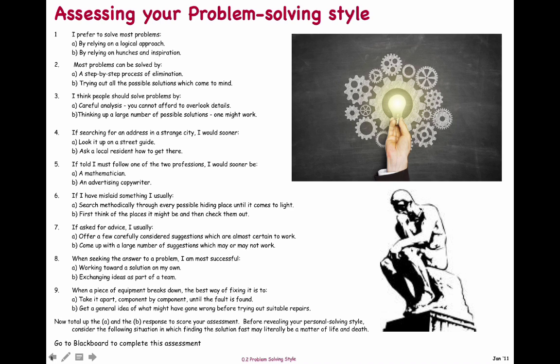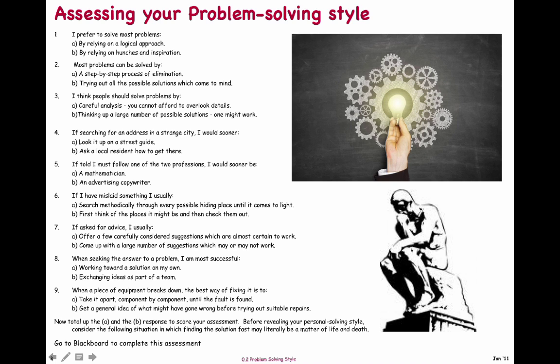If asked for advice, I usually A, offer a few carefully considered questions which are almost certain to work, or B, come up with a large number of suggestions which may or may not work. Number 8. When seeking the answers to a problem, I am most successful A, working towards a solution on my own, or B, exchanging ideas as part of a team.